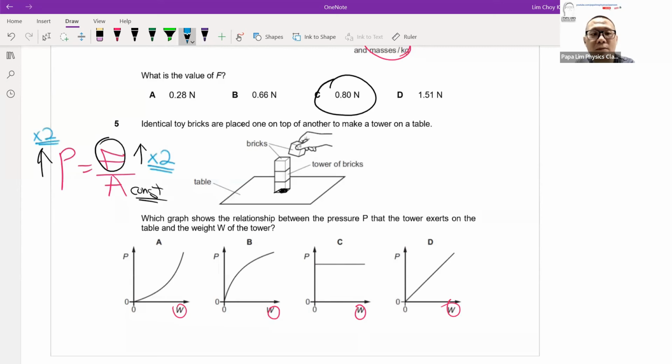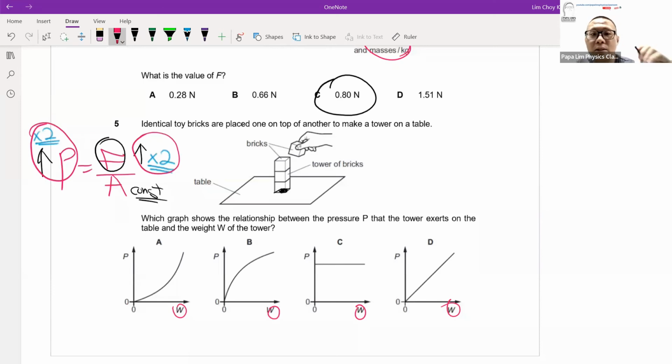The increment in the weight, the force itself, will be directly translated to the increment in the pressure. So if I increase the weight by 2 times, the pressure will increase by 2 times. If I increase it by 3 times, the pressure will increase by 3 times. So the increment is constant.